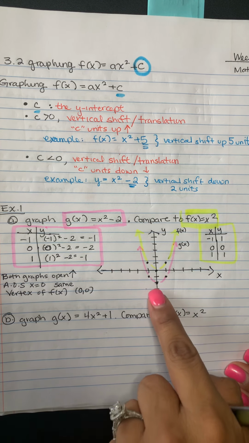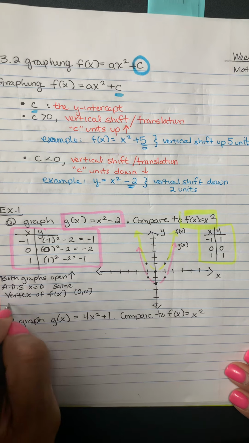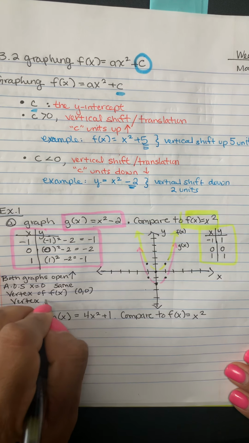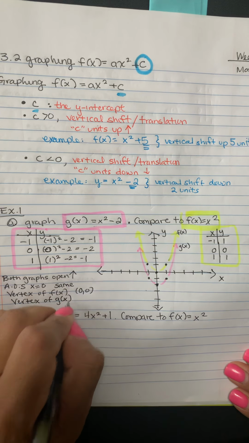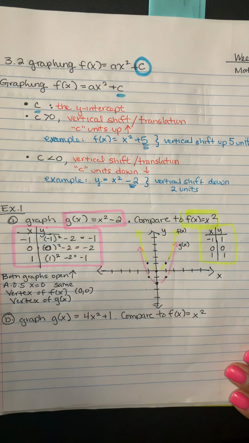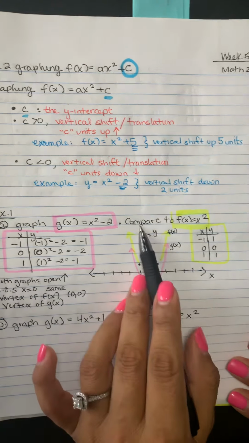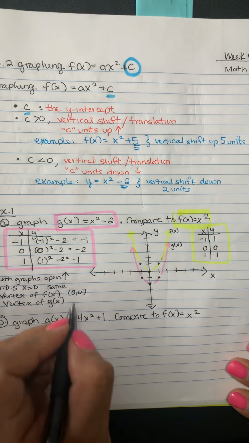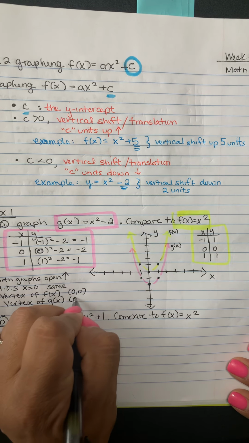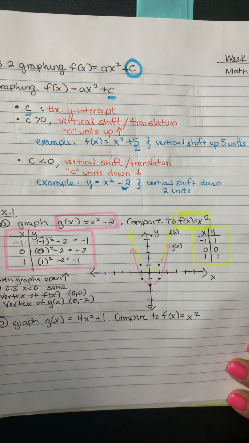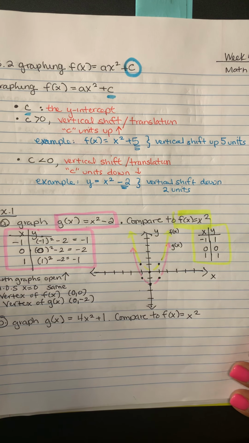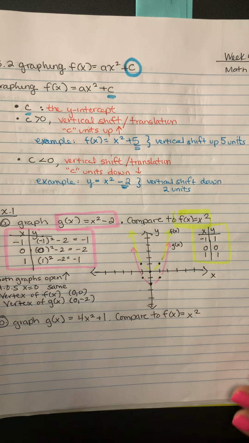However, the vertex of the pink graph, which is g of x, so if it's asked you to compare or identify, in this case we're comparing, g of x is actually 0, comma, negative 2. And again, g of x has a vertical shift 2 units down.